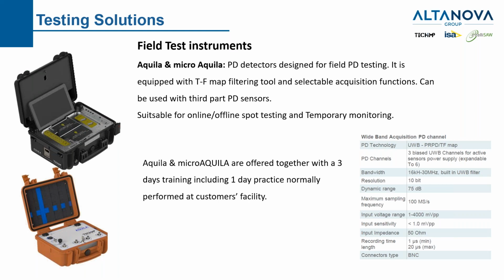We normally try to make 2 days in the meeting room and 1 day of practice in the field, possibly. If the field is not available, we can also do something with the PD simulator, which is basically a device to simulate partial discharge phenomena enclosed in a travel bag.